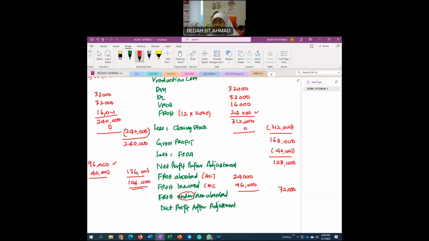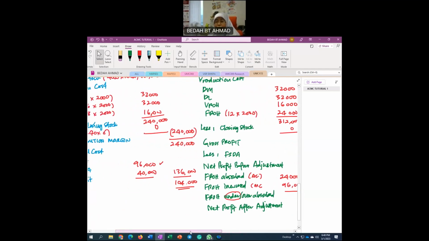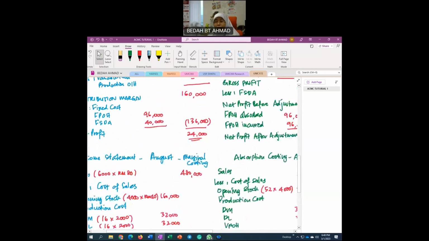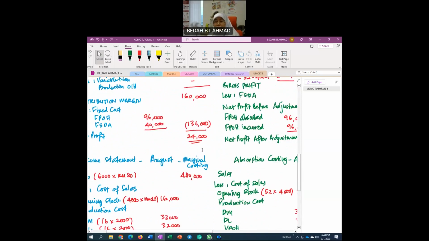So to correct the overstated profit, we have to deduct. So we deduct from the profit. So you get the net profit after adjustment of 56,000.